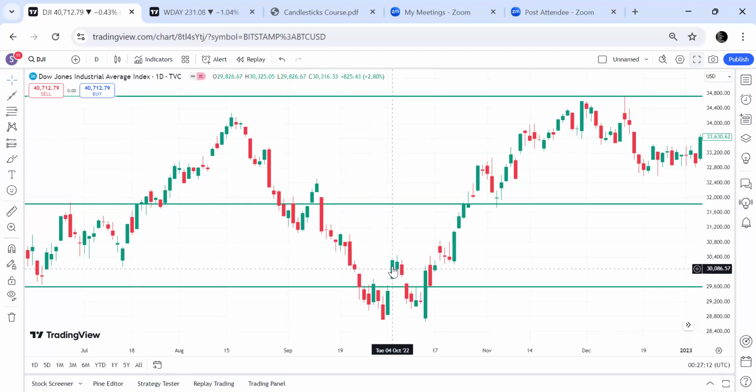The breakout happened and it crossed the support level, so it is again giving me a buy signal. At this time I can buy, and my stop loss will be the previous candle close, and I entered.